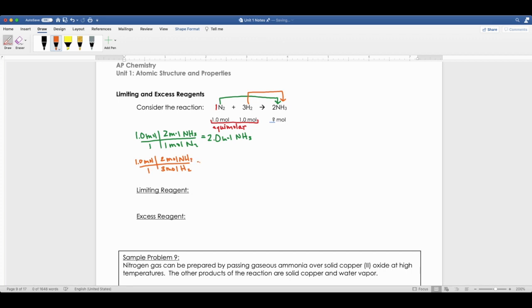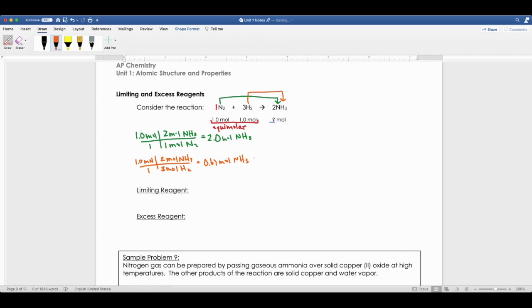So that 3 and 2 right here, and this number and this number, of course, are coming from the balanced chemical equation. And if I solve for that one, I get an answer of 0.67 moles of ammonia.